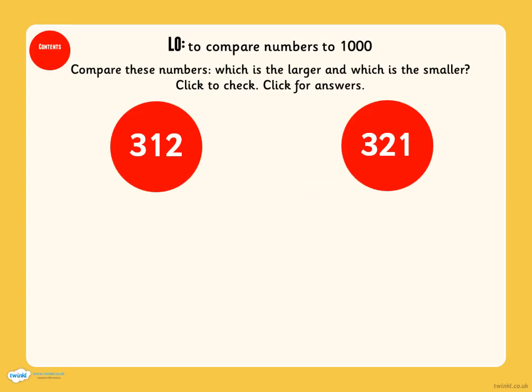Okay, now we're going to compare these numbers. We need to know which one is the larger one and which one is the smaller one. So we've got 312 and 321.